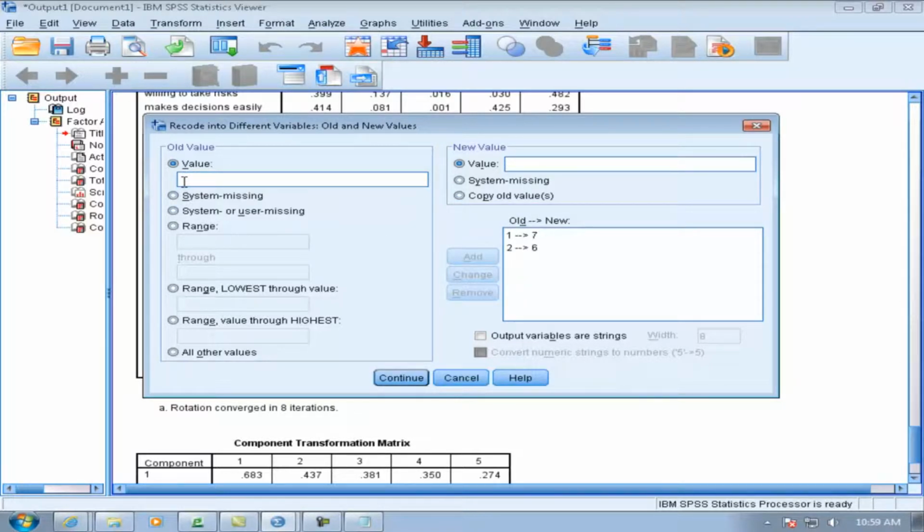Okay, and then this one's going to be 3 and 5, right? And now we're going to go 7 and 1, and 6 and 2, and then 5 and 3.